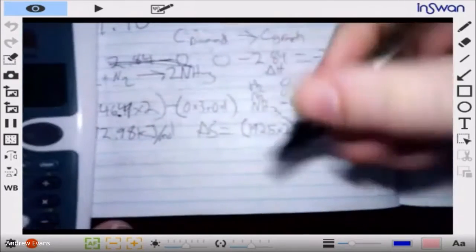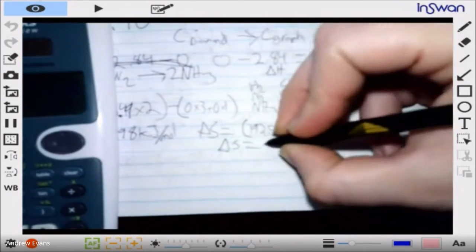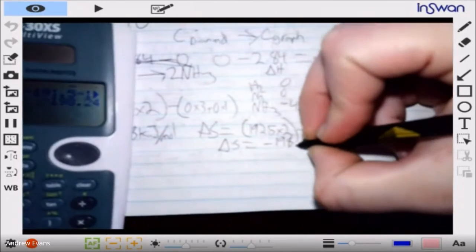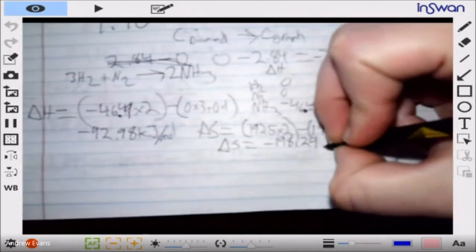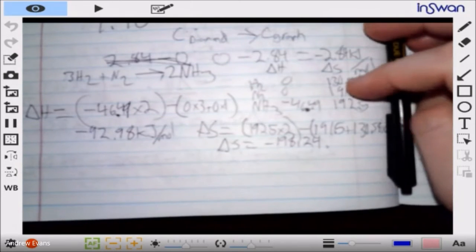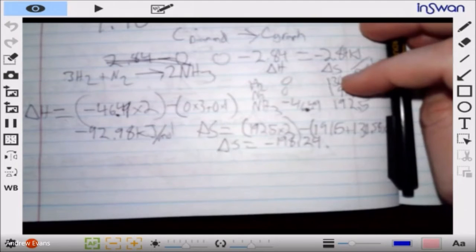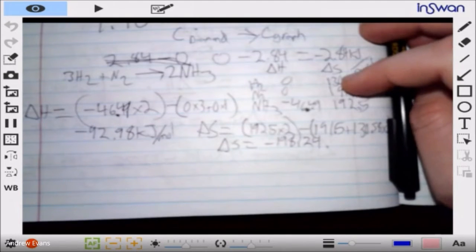We have a delta S value of negative 198.24. So this produces heat when it reacts, but it loses a lot of randomness when we go from 4 molecules of gas to 2 molecules of gas.